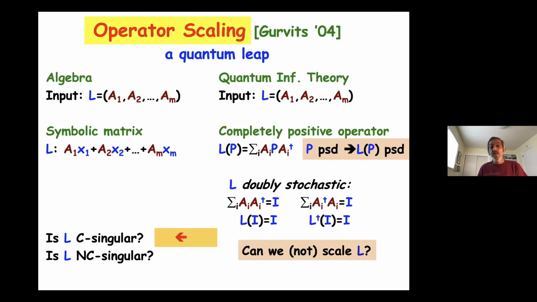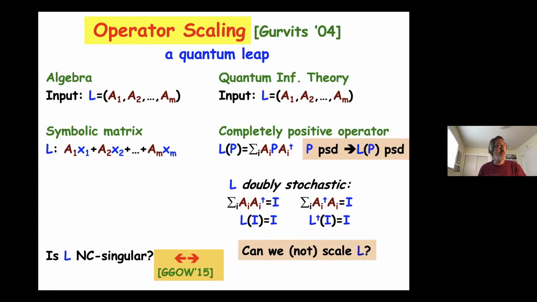But that's just a one-directional connection, and maybe that's the reason we cannot solve this problem. A starting point for us was observing, following work in non-commutative algebra, that the scaling problem is equivalent to the question of whether the symbolic matrix L is non-commutatively singular.